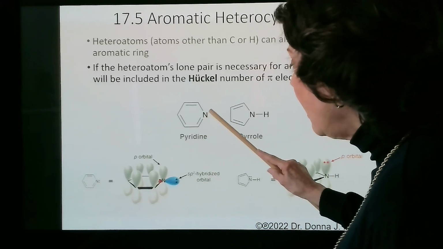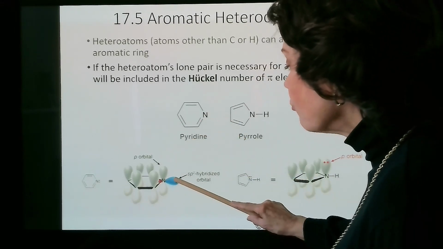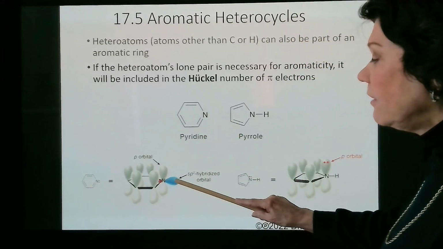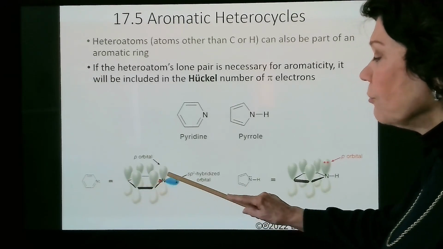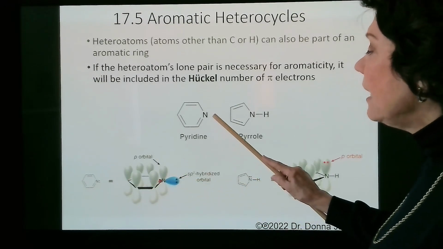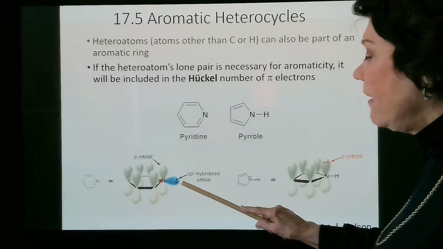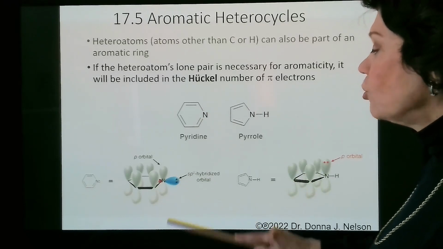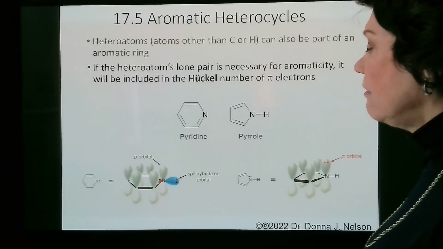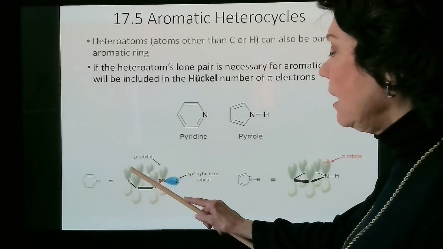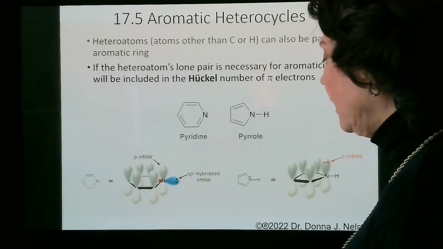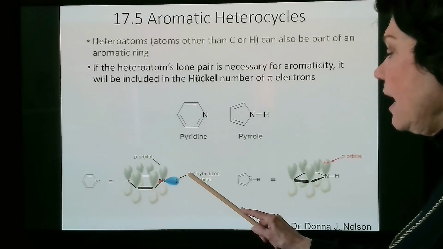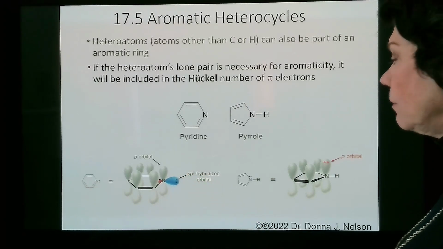You do have a non-bonding pair on nitrogen, but this pair of electrons is orthogonal to the ring. This pair of electrons is not needed to achieve aromaticity. It is not involved in the aromatic ring. It lies in an sp2 hybridized orbital.